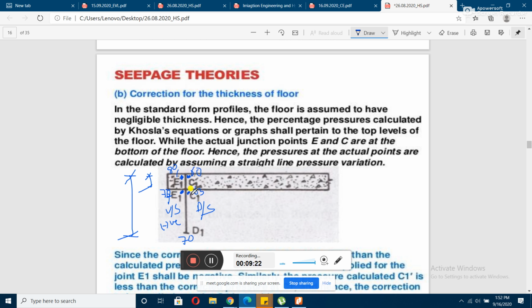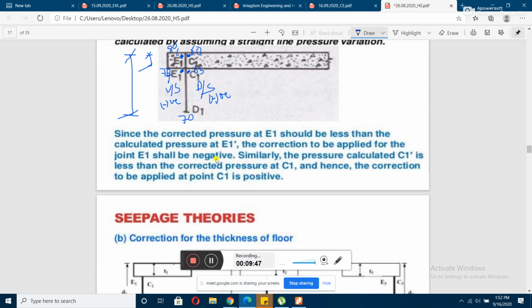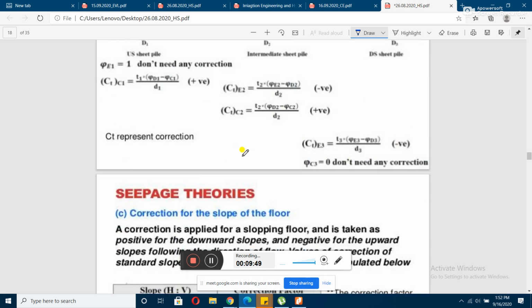So somewhere between it should be greater than 60. So here it will be a positive correction. We have to add a particular value to 60, and here we have to subtract a particular value from 80. So on the upstream side there has to be a negative correction, and on the downstream side there will be a positive correction. Okay, these are simply the unitary method carried out here.